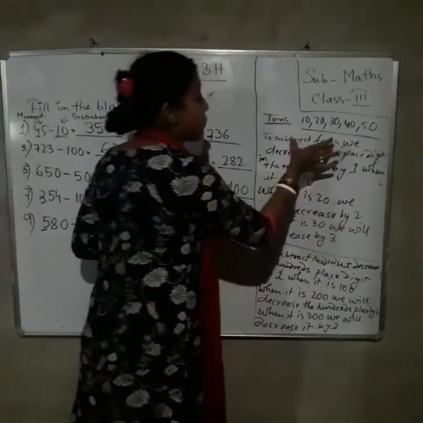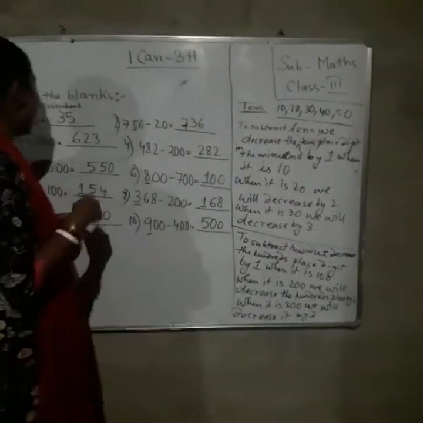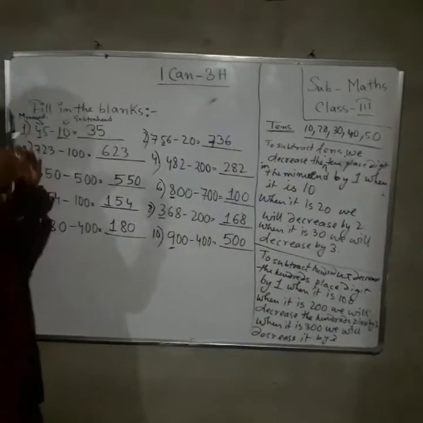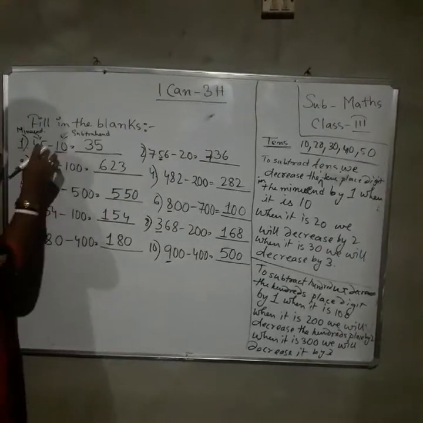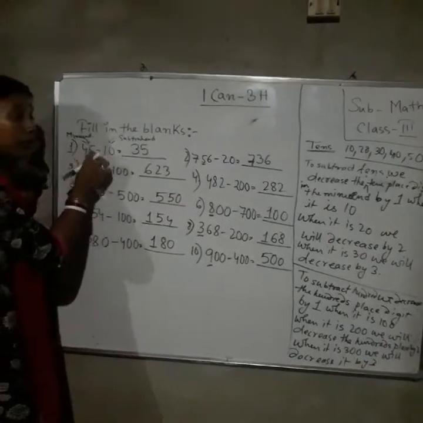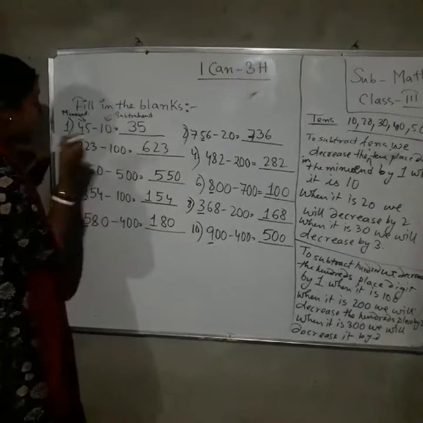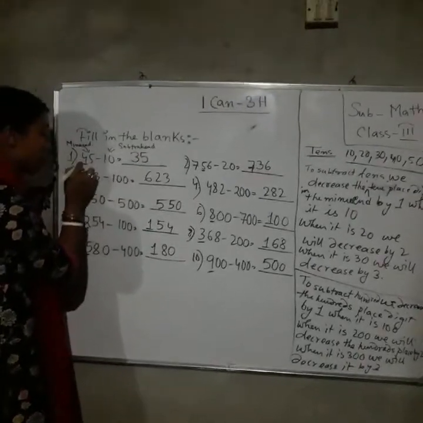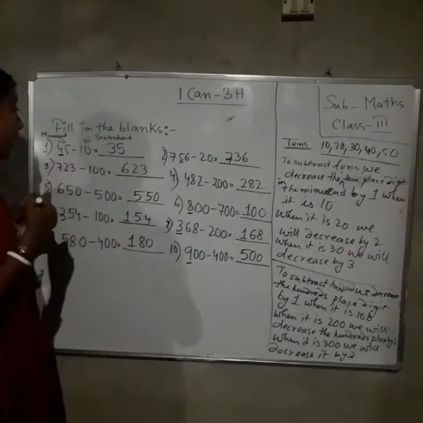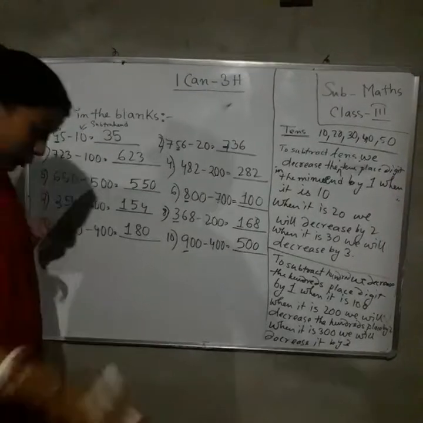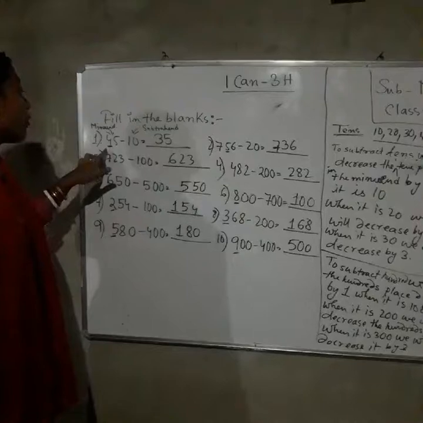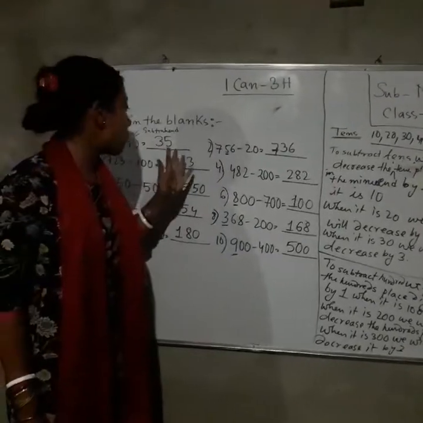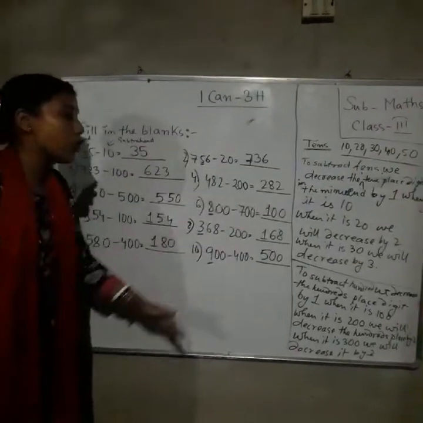To subtract tens, suppose we subtract 10 from this number, we decrease the tens place digit of the minuend. So 4 minus 1 is 3. Like this it will go on.